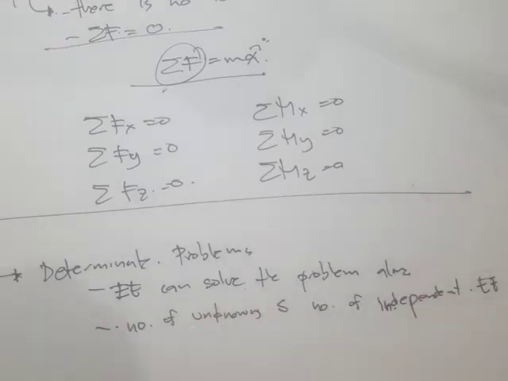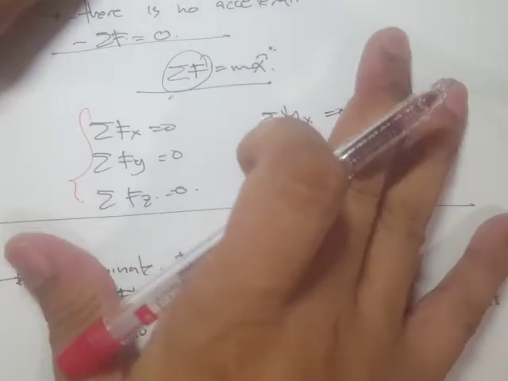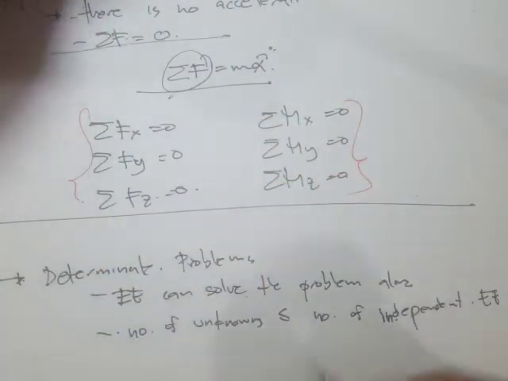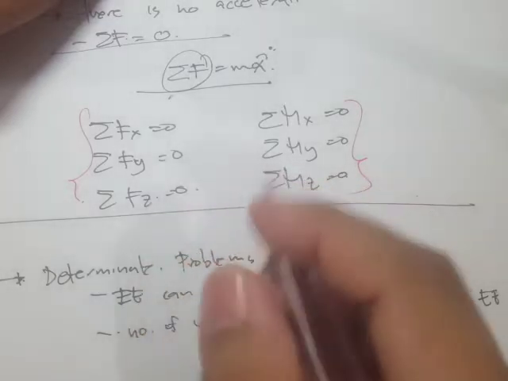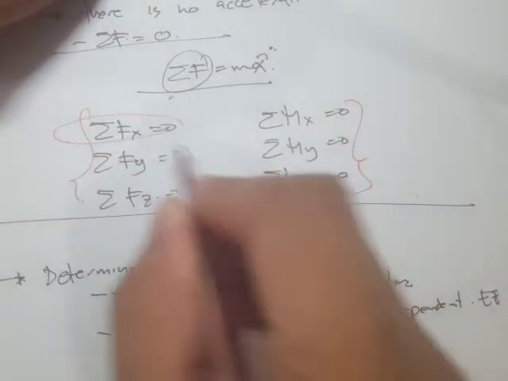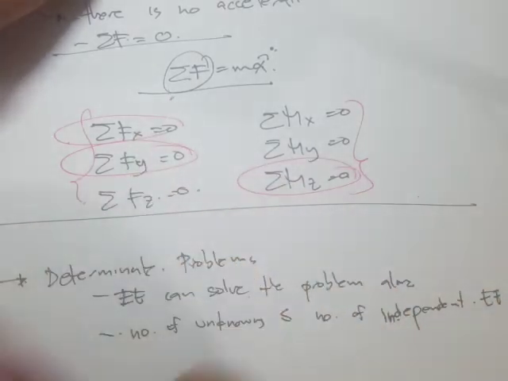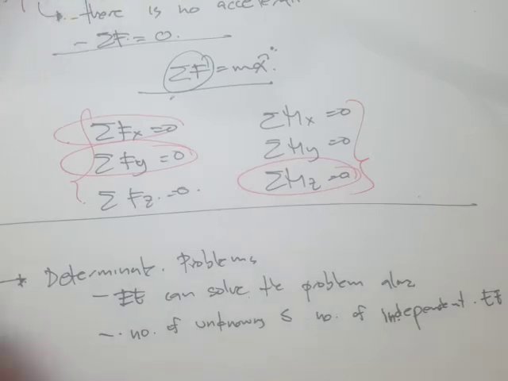For 2D, these six are forces and moments in 3D, but for 2D systems we only have summation of forces along x, summation of forces along y, and summation of moments along z. So for 2D systems, we only have 3 equilibrium equations.